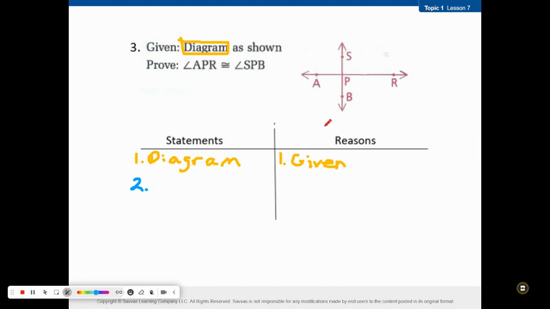Now what do we know about APR and SPB? They're both what? Well, we don't know they're congruent yet. We have to define them as something before we can state that they're congruent. What kind of angles are they? What do we call angles that look like lines?